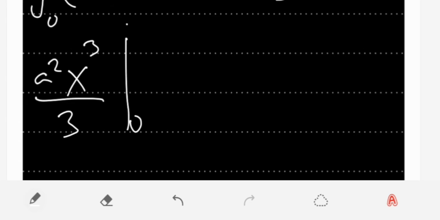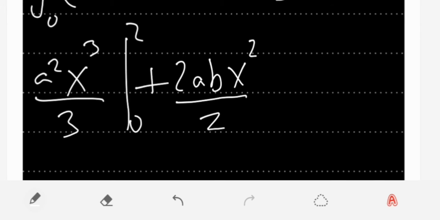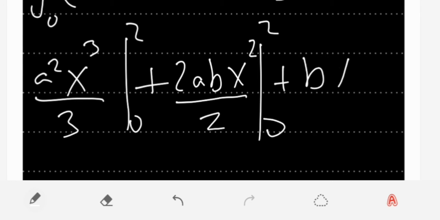Now let's integrate this. So a squared multiplied by x cubed divided by 3 from 0 to 2, plus 2ab times x squared divided by 2 from 0 to 2, plus b squared x from 0 to 2, is equal to 4.